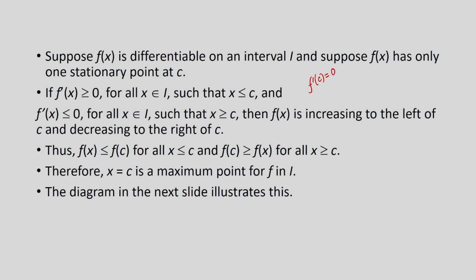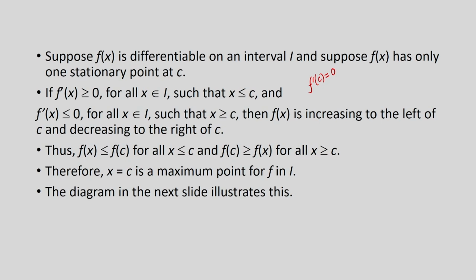Now, if f dash of x is greater than or equal to 0 for all x belonging to I, that is that interval, such that x is less than or equal to c, and f dash of x is less than or equal to 0 for all x in the interval capital I, such that x is greater than or equal to c, then f(x) is increasing to the left of c and decreasing to the right of c, right.